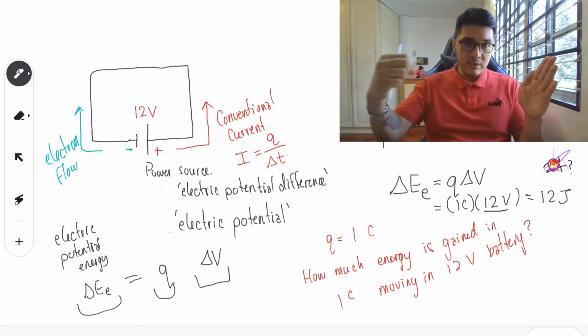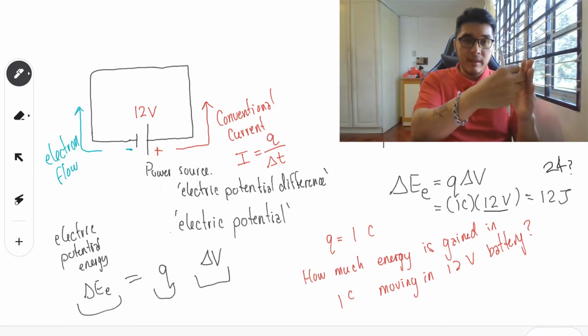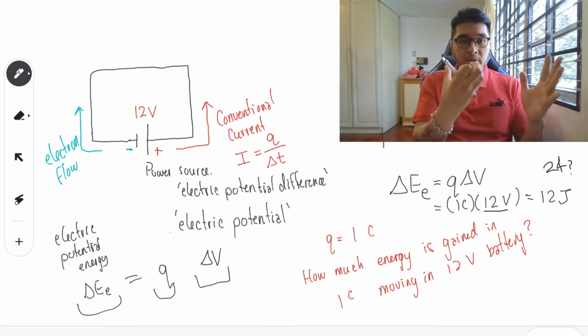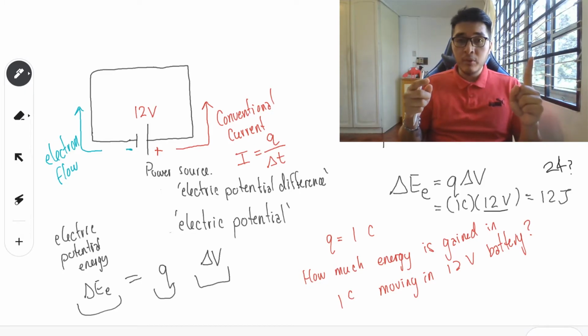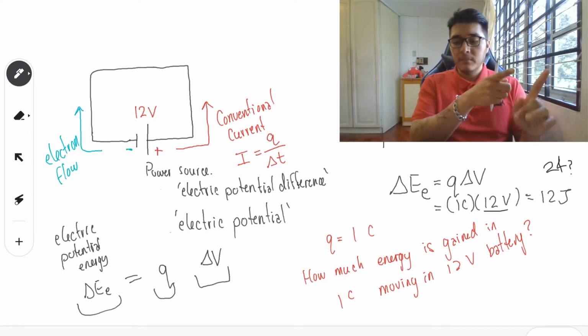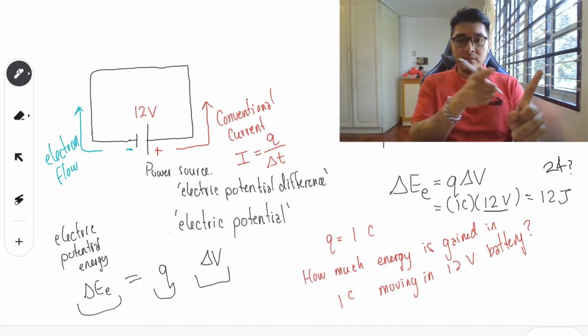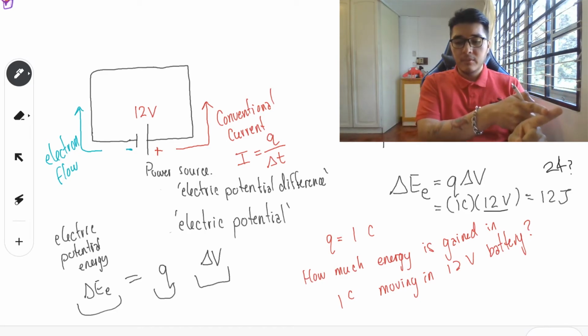So when the charges are moving past it, they get charged up with more energy. And the amount of energy that they gain depends on how much charge is going through that potential difference. So if 1 coulomb goes through 12 volts, it gains 12 joules. If 2 coulombs go through 12 volts, it gains 24 joules.